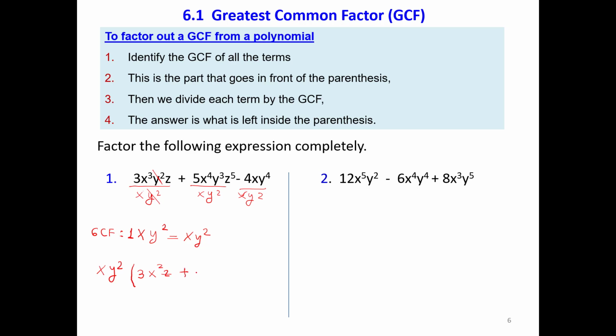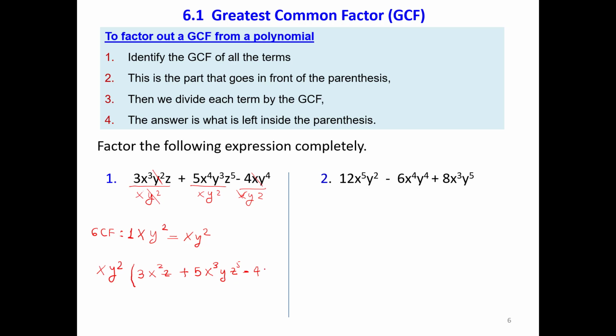For the second one, we had 5 divided by 1 is 5. x: 4 minus 1 is 3. y: 3 minus 2 is 1, then we don't need to write it. For the third, 4 divided by 1 is 4. x cancels out because we had x to the same power.